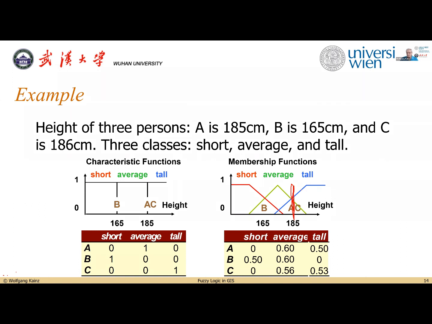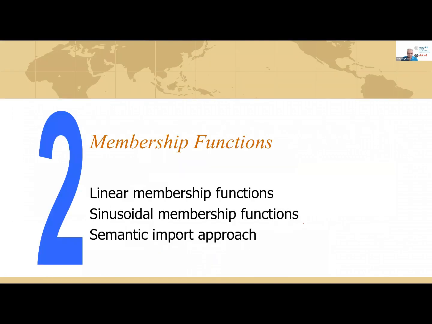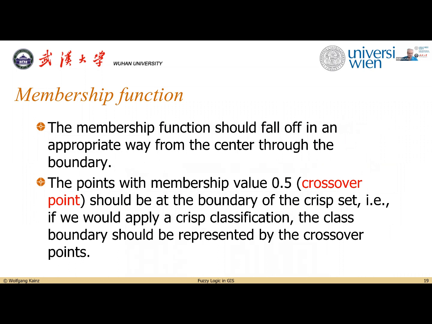The membership values should, from the center of the set, which in our case of tall starts from, let's say, 190 or so, where everybody taller than 190 definitely is tall, fall off and go through the crisp boundary that we would define for the crisp set at around 185.